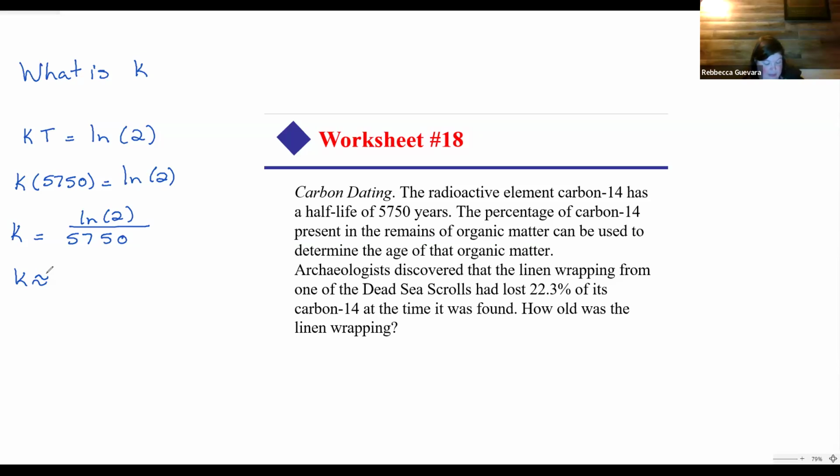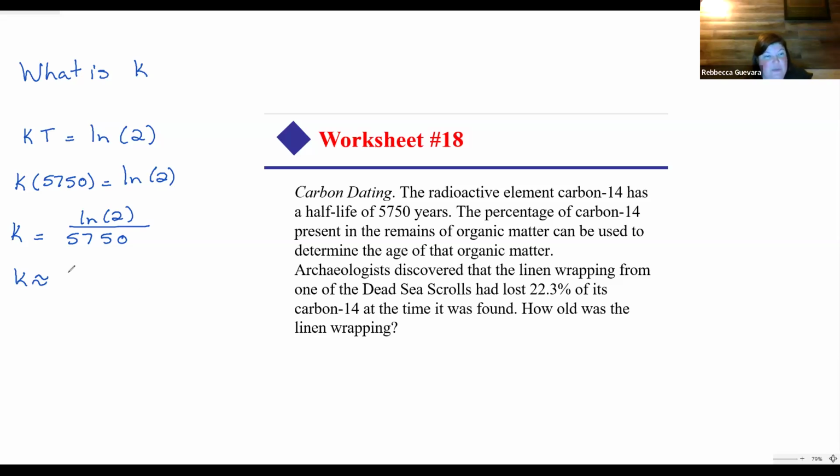So K is going to be approximately natural log of 2 divided by 5,750. All right. So make sure when you divide by the 5,750, you do not keep it in the logarithm. I accidentally did that.